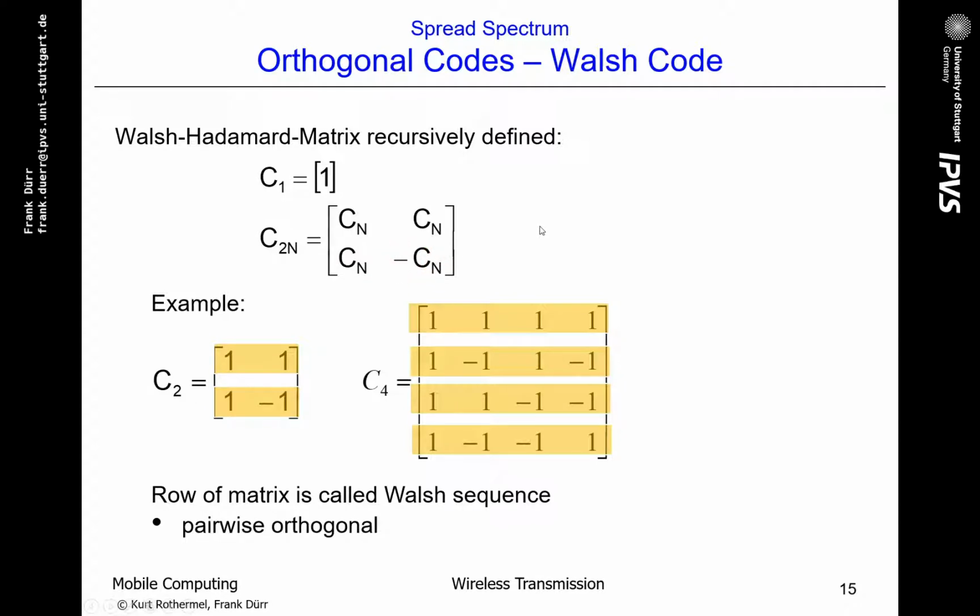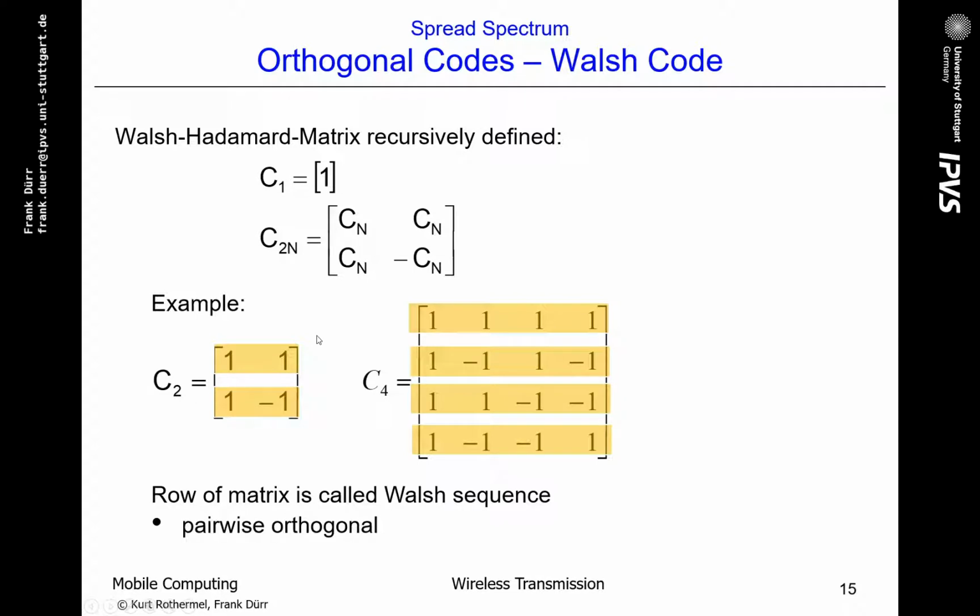So if we had here the 1 in that matrix, then the next bigger matrix would use the 1 here on the top left, the 1 on the top right, the 1 on the bottom left, and a -1, so negated, the previous matrix negated, at the bottom right.